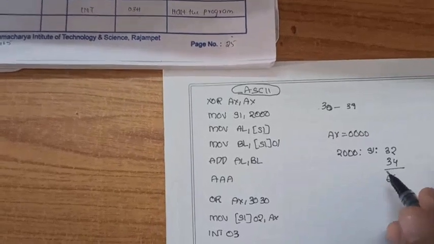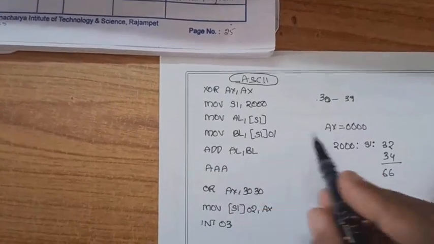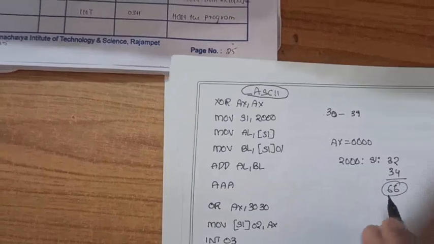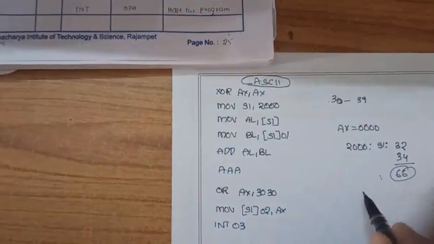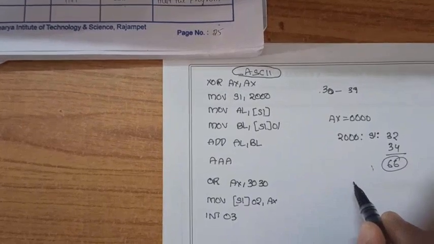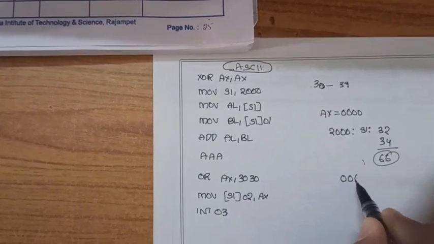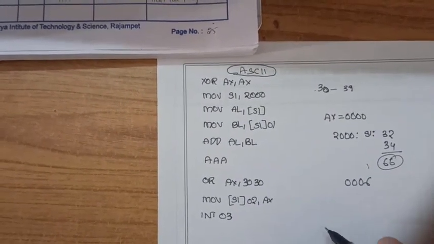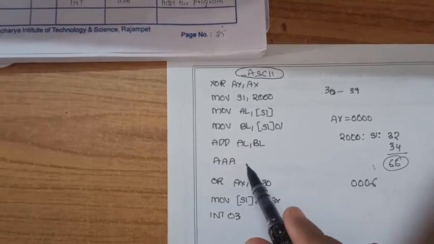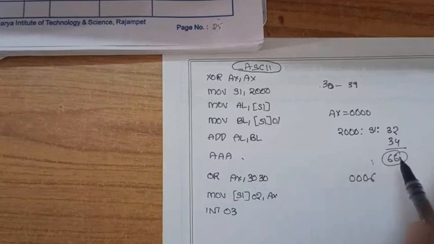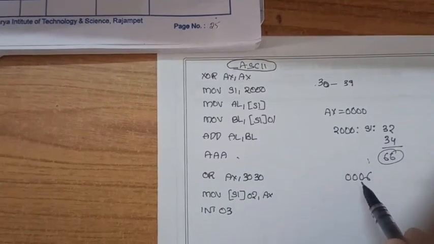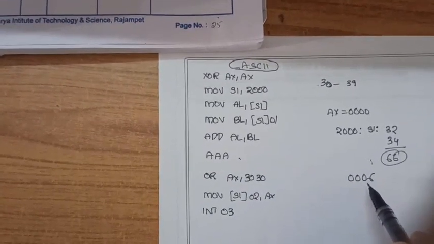But this particular AAA command adjusts this data into unpacked ASCII. That means it will adjust the data into 0006 format. So after the AAA, ASCII adjust after addition instruction, this data is going to be converted into 0006.